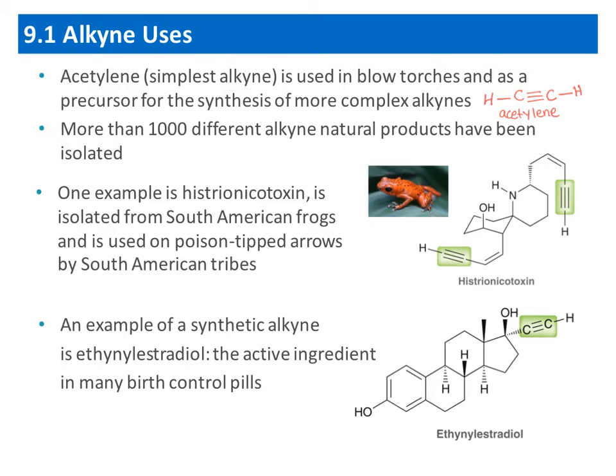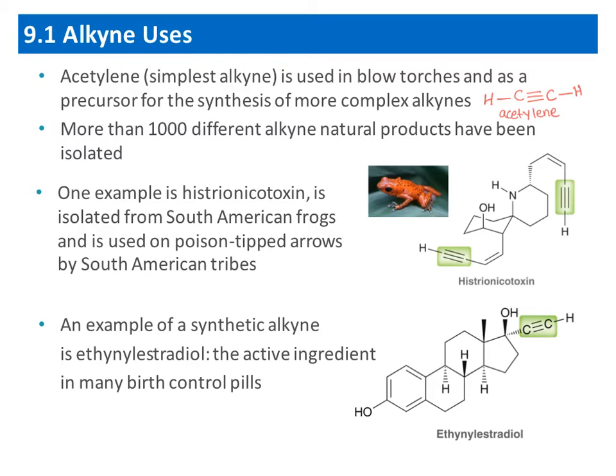We are going to talk about that type of reaction in section 9.10, where you can basically deprotonate the terminal carbon in acetylene, and therefore it becomes a good nucleophile, so it can react with alkyl halide through SN2 type reactions to form longer chains of alkynes.